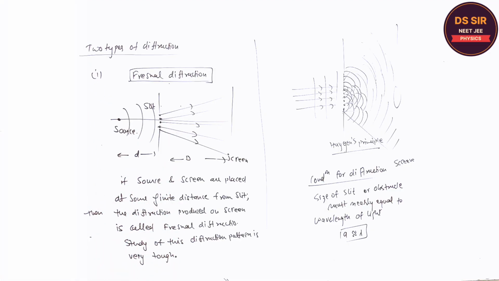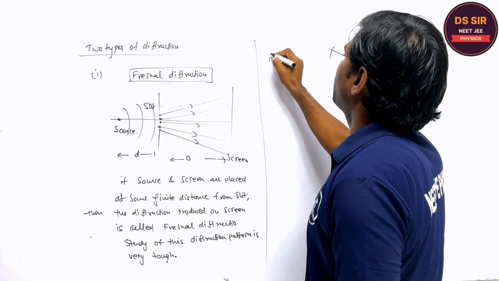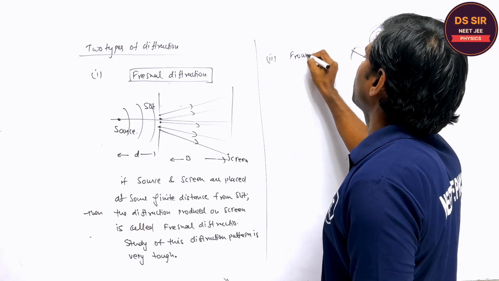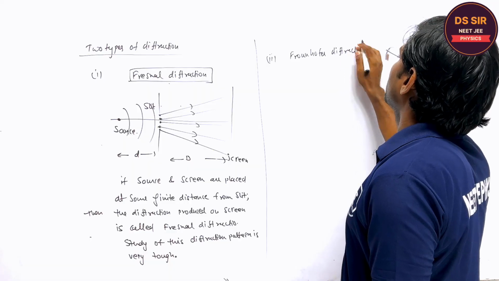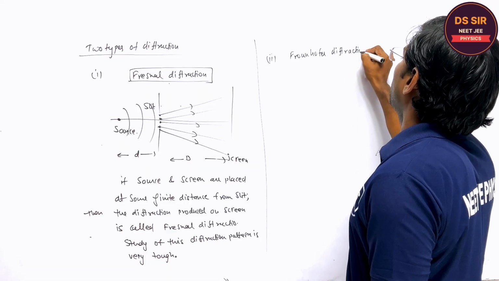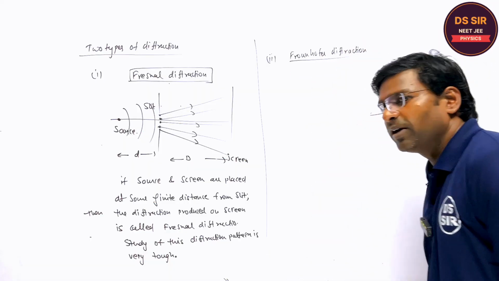Okay, copy this. So the next type of the diffraction is the Fraunhofer diffraction. What is the Fraunhofer diffraction?